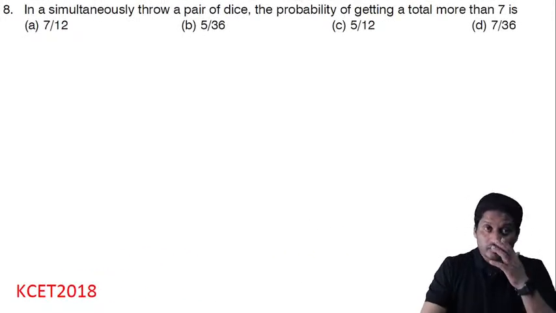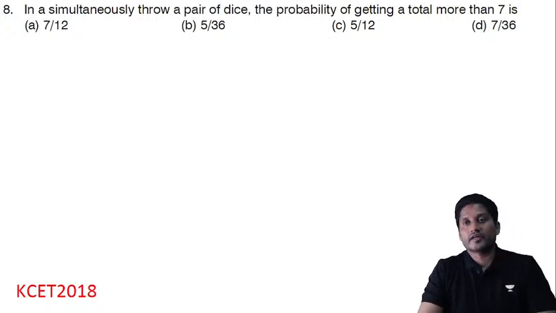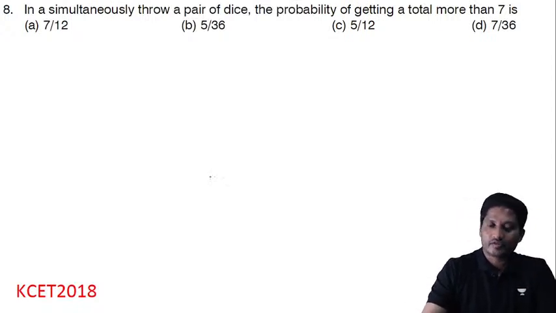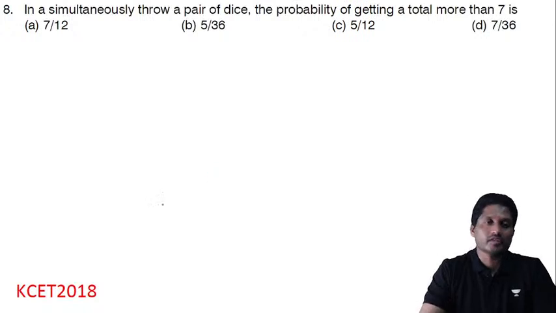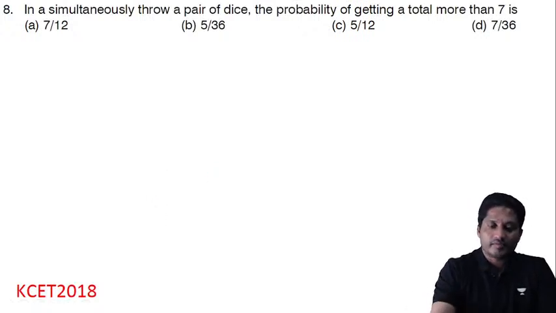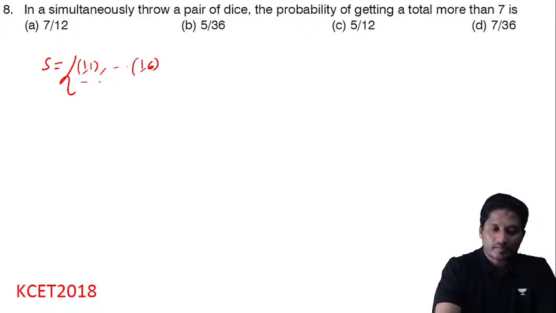A simultaneous throw of a pair of dice: the probability of getting a total more than 7. I have given you this shortcut in earlier papers as well. When two dice are rolled, the sample space is 1 1 to 1 6, and so on up to 6 1 to 6 6.